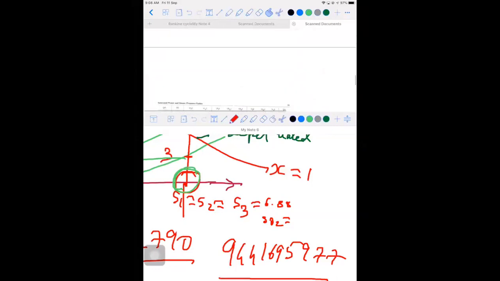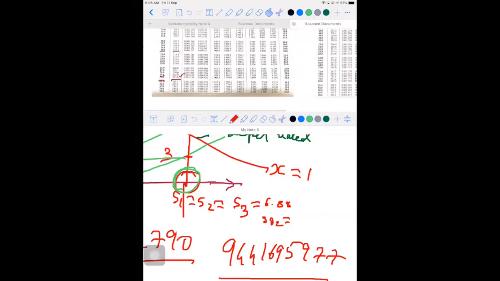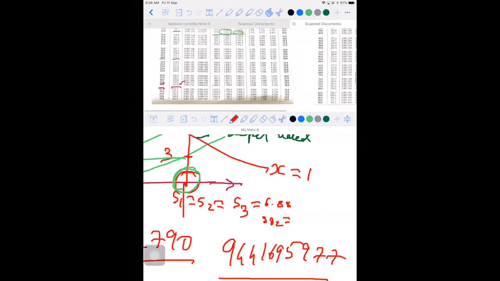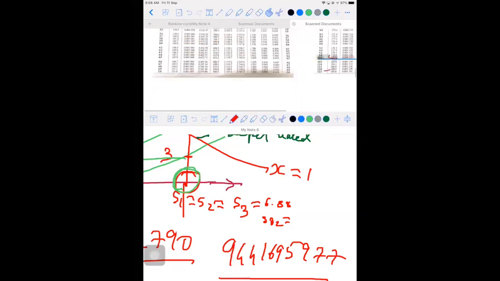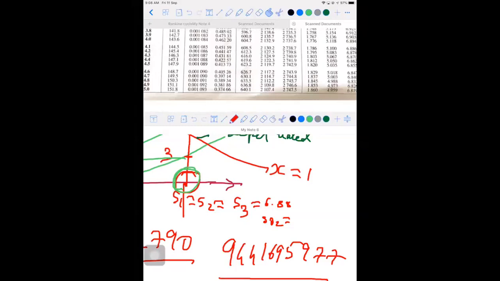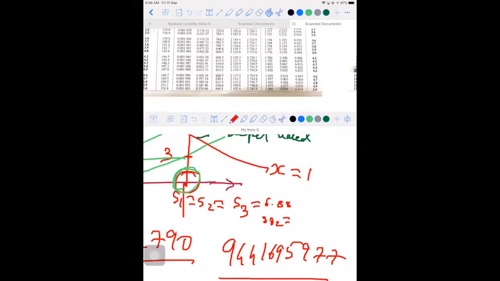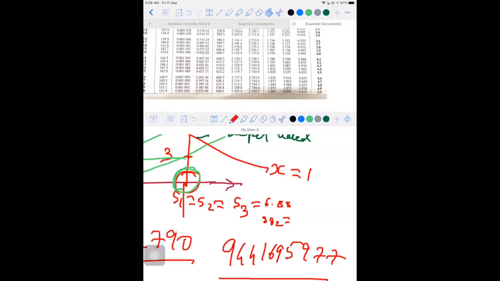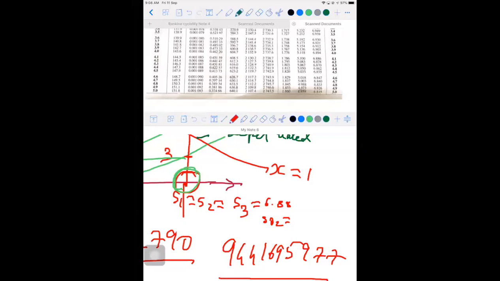This is SF, this is SFG, and this is SG2: 6.819, whereas it is 6.88. As S2 is greater than SG2, we can say that it is a superheated steam region. So that is one way of getting the values.